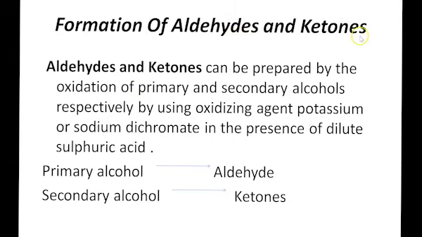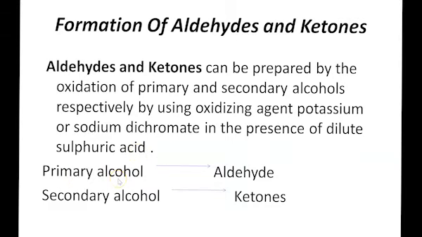Formation of aldehydes and ketones. Aldehydes and ketones can be prepared by the oxidation of primary and secondary alcohols respectively by using the oxidizing agent potassium or sodium dichromate in the presence of dilute sulfuric acid.